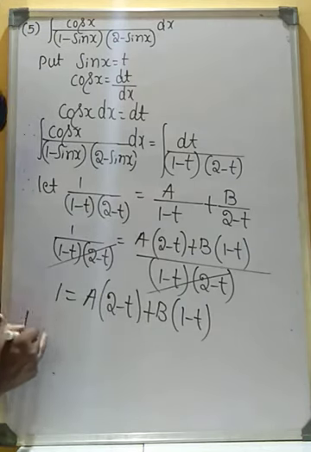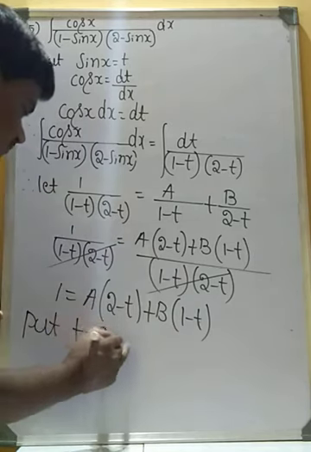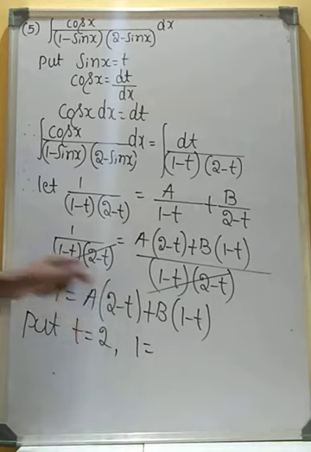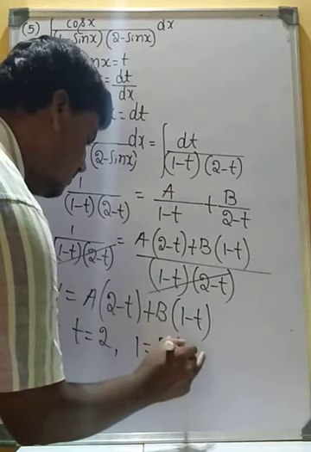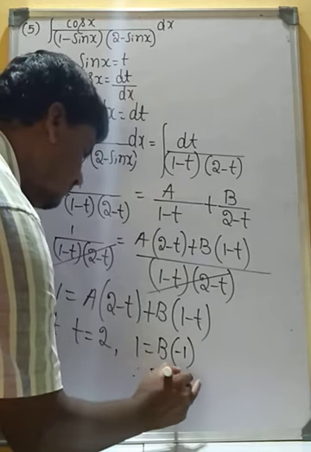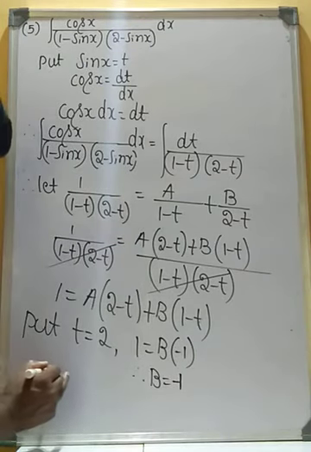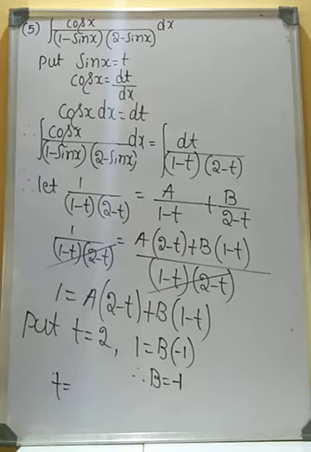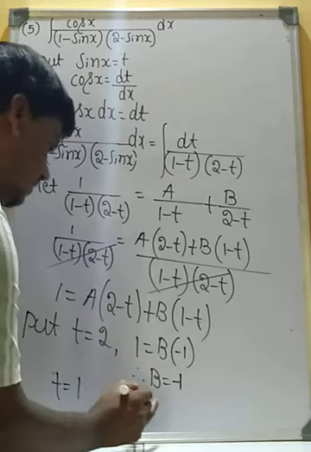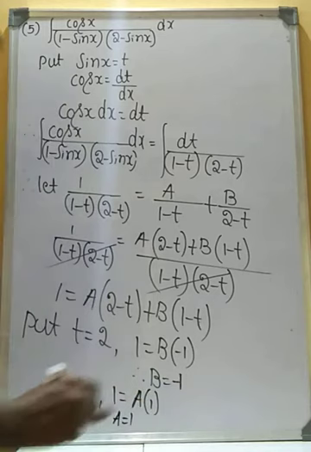Now put t is equal to 2, then 1 is equal to, so first term 0, it is b into 1 minus 2 is minus 1, therefore b equals minus 1. And again put t equals 1, then 1 is equal to a into 2 minus 1 is 1, therefore a equals 1.